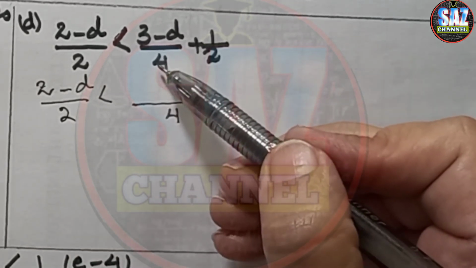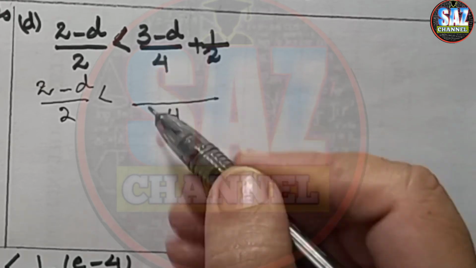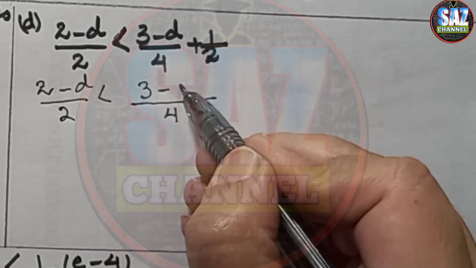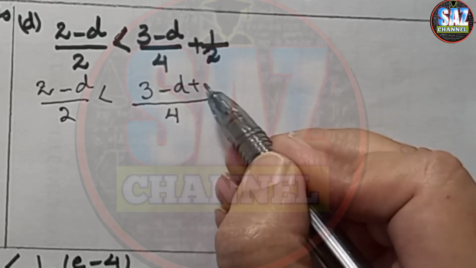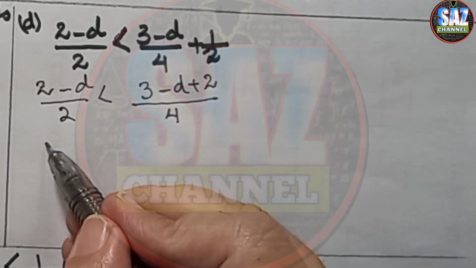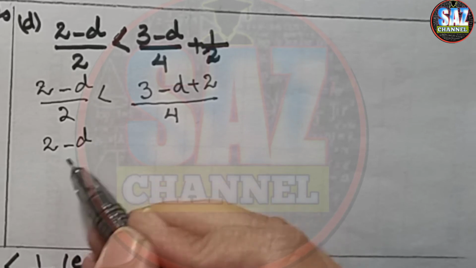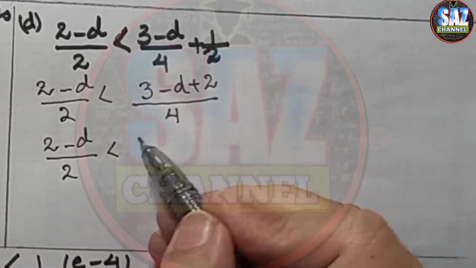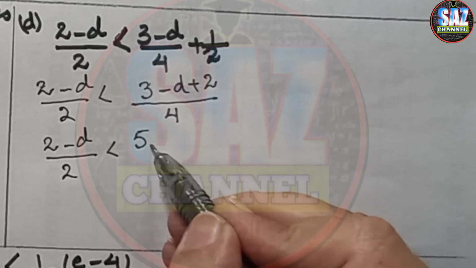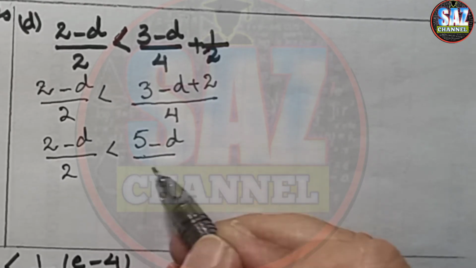Now 4 is the denominator and 4 is the LCM. So the numerator will come as it is, 3 minus d, then plus 2, how many times is 4? 2 times. And (2 minus d) upon 2 is less than (3 plus 2, that is 5, minus d) upon 4.